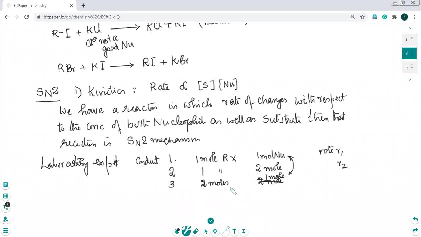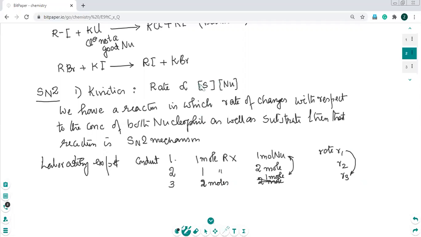You have changed the concentration of substrate, and see what is the rate of reaction, R3. If this rate is also changing, that means the reaction is also dependent on the concentration of substrate.